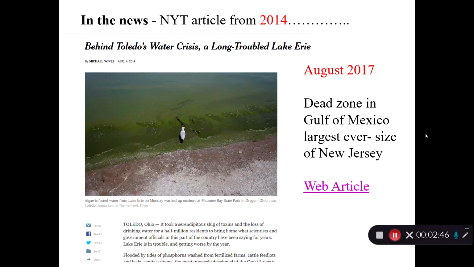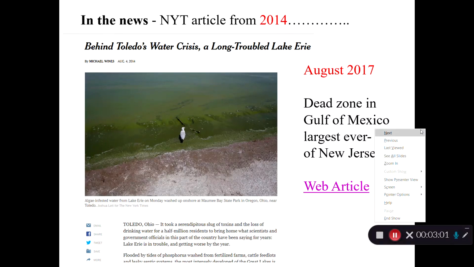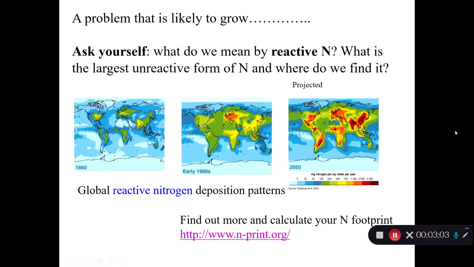If we think about our marine systems, we have eutrophication events that create these low oxygen zones down in the Gulf of Mexico, and these can be very large, getting to the size of even whole states. Part of why I'd like to cover this process early is this is a growing problem.